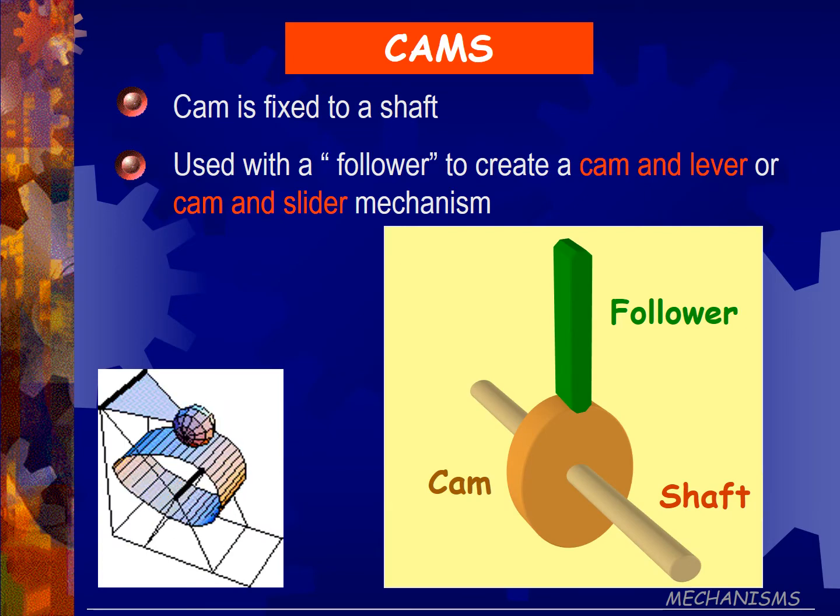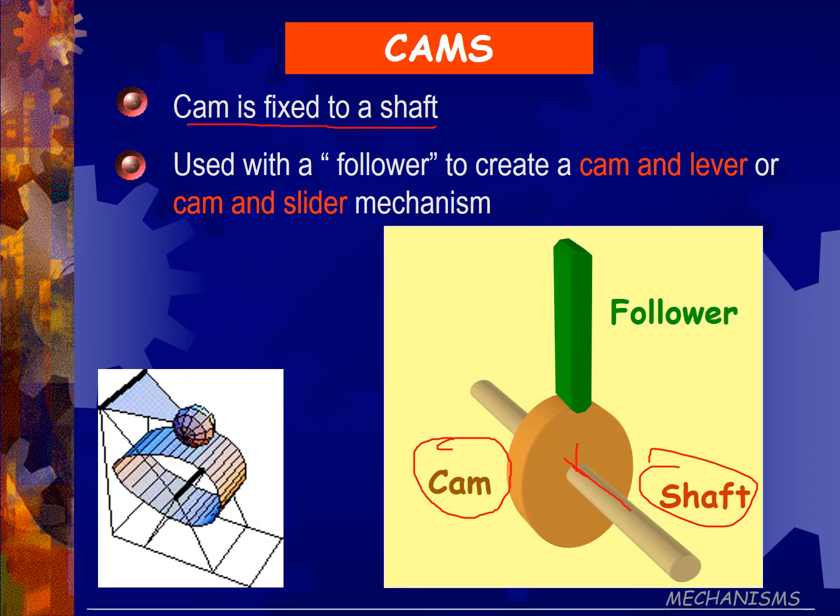And in more detail, the cam is fixed to a shaft. This is the cam, and this shaft right here is fixed together. So as the shaft turns, the cam turns.